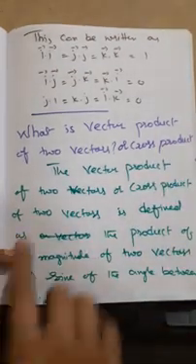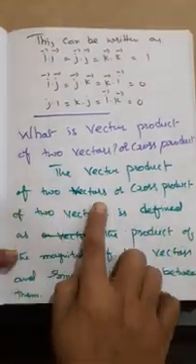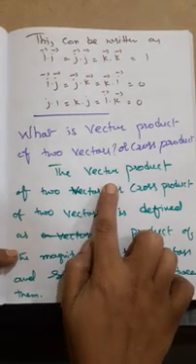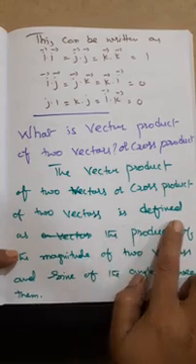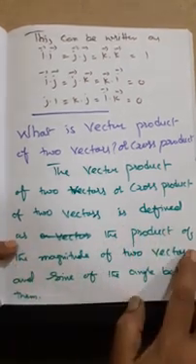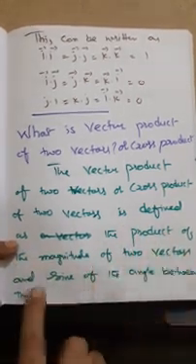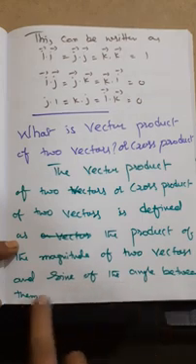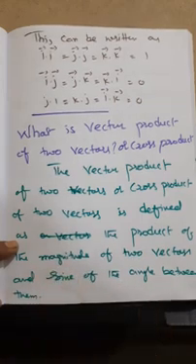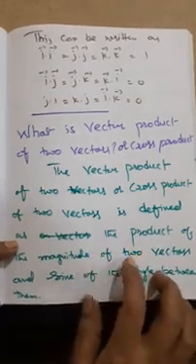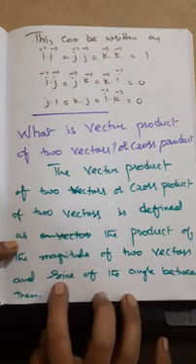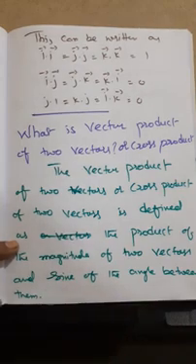It is the vector product of two vectors, defined as the product of the magnitudes of the two vectors and the sine of the angle between them. So in the dot product we have the cosine of the angle; now in the vector product or cross product, it is the sine of the angle between the two vectors.